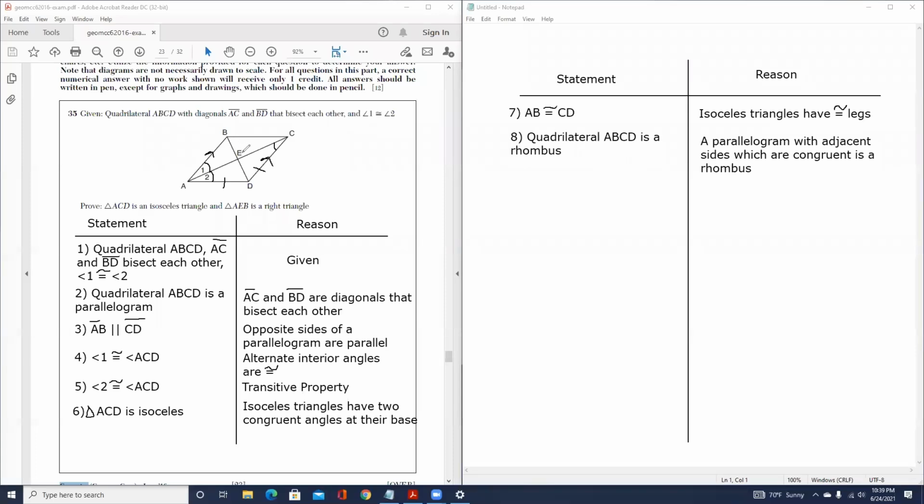Now, we know that one of the properties of rhombi is that their diagonals are perpendicular. Let me make that a bit clearer.